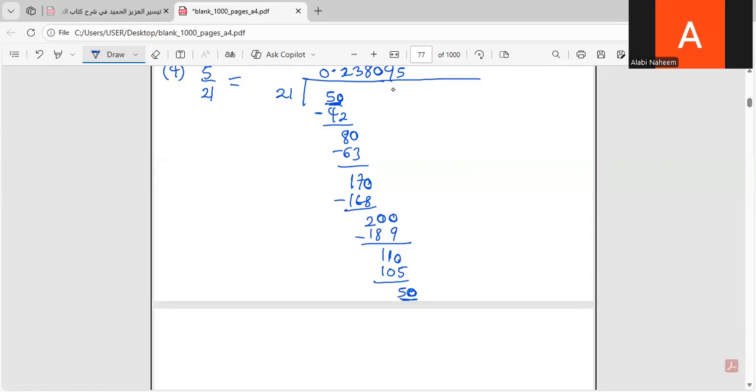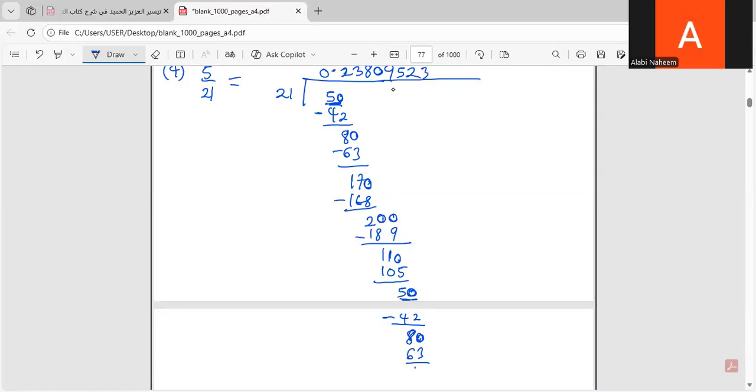21 in 50 is 2. 21 times 2 is 42. Subtract, what do you have? 8. 8 is smaller, you include 0. 21 in 80 is 3. 21 times 3 is 63.